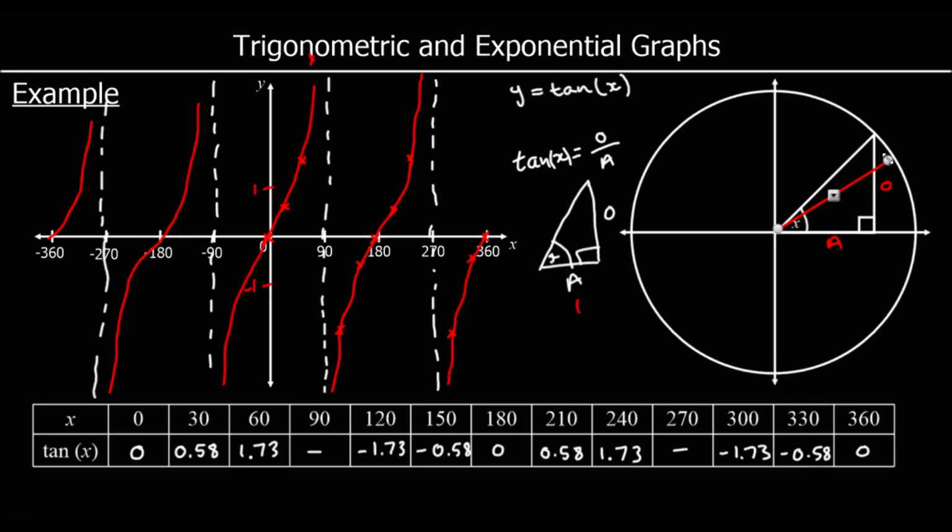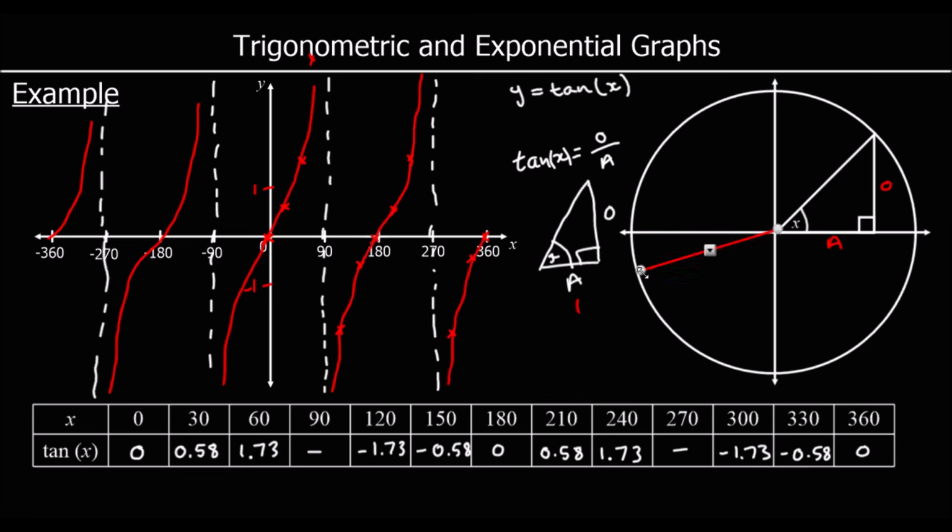So we can say tan's positive in the first 90 degrees. We've got a positive over a positive. But then when we have a positive divided by a negative between 90 and 180, tan is negative.